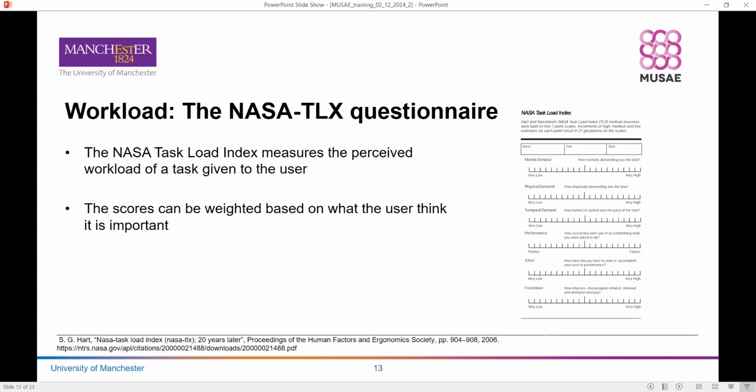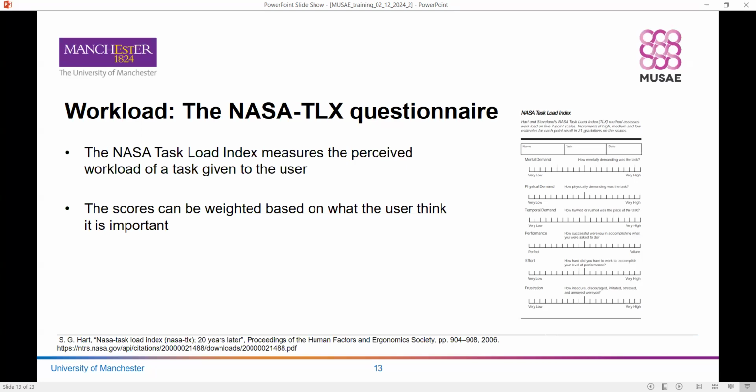Something else that you can assess about your interaction is the workload, more precisely the perceived workload of the users. This doesn't relate much to the system directly, but to the task itself that the user is undergoing.